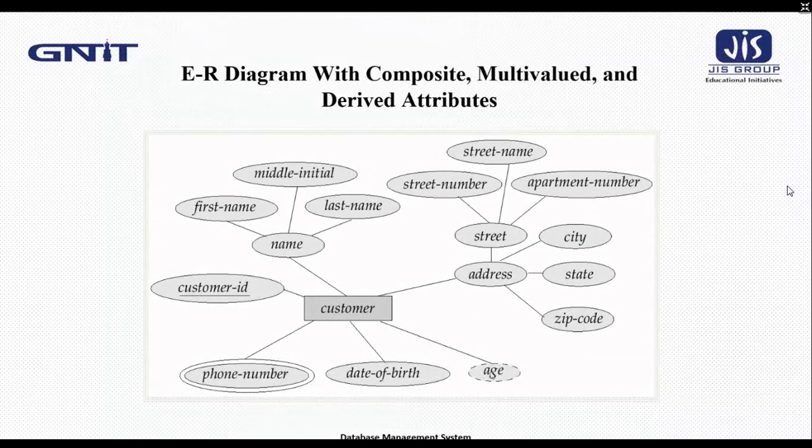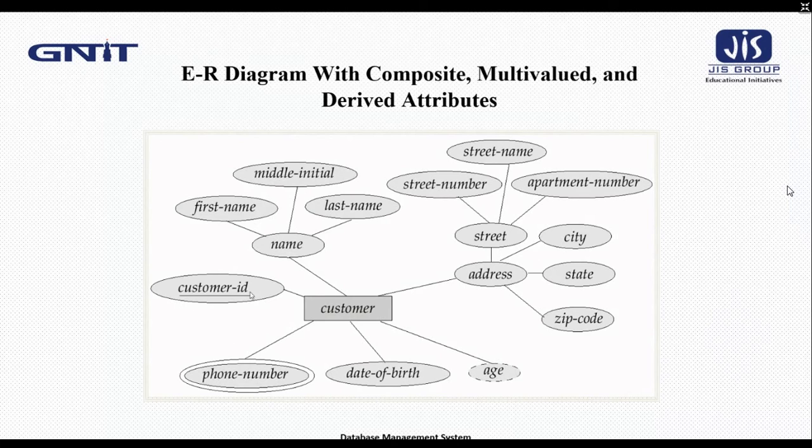Also here we are showing the composite attribute, address, divided into a number of parts. The customer entity has a number of attributes: composite attributes, simple attributes, multi-valued attributes, derived attributes, all are shown.